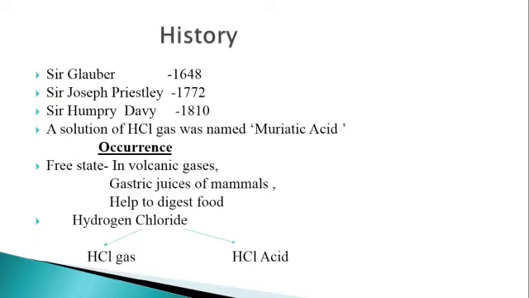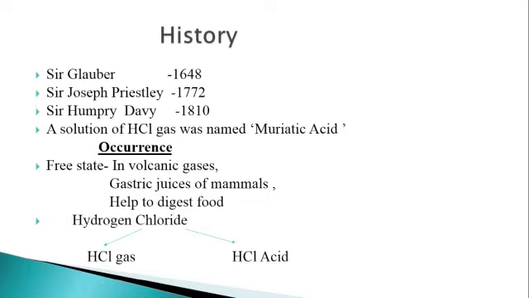Now let us see the history behind hydrogen chloride. In 1648, Glauber discovered HCl. In 1772, Sir Joseph Priestley prepared it, and it was believed that it is made up of hydrogen, chlorine along with oxygen.